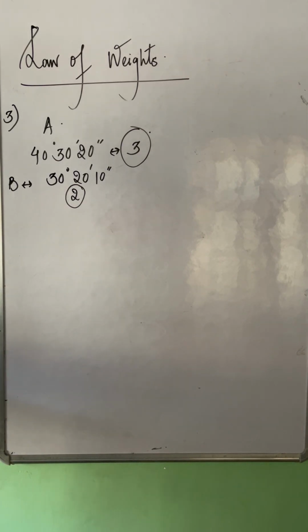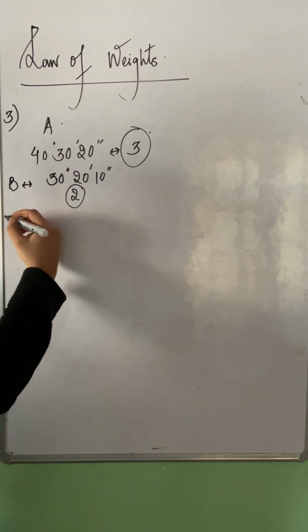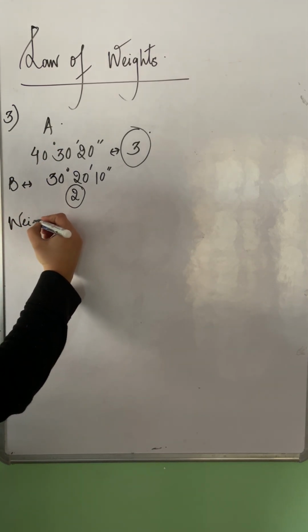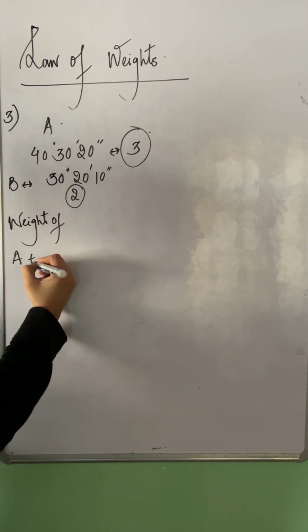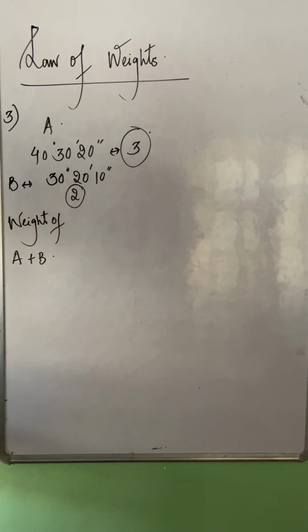Now, what will be the weight of the algebraic sum of these quantities? Weight of A plus B. How much? The law says the weight of the algebraic sum of two or more quantities is equal to the reciprocal of the sum of reciprocals of individual weights.